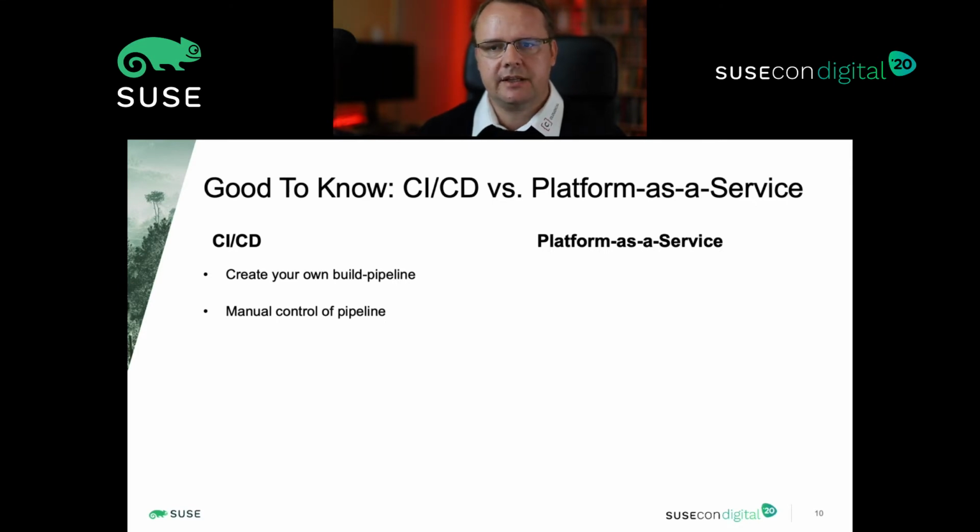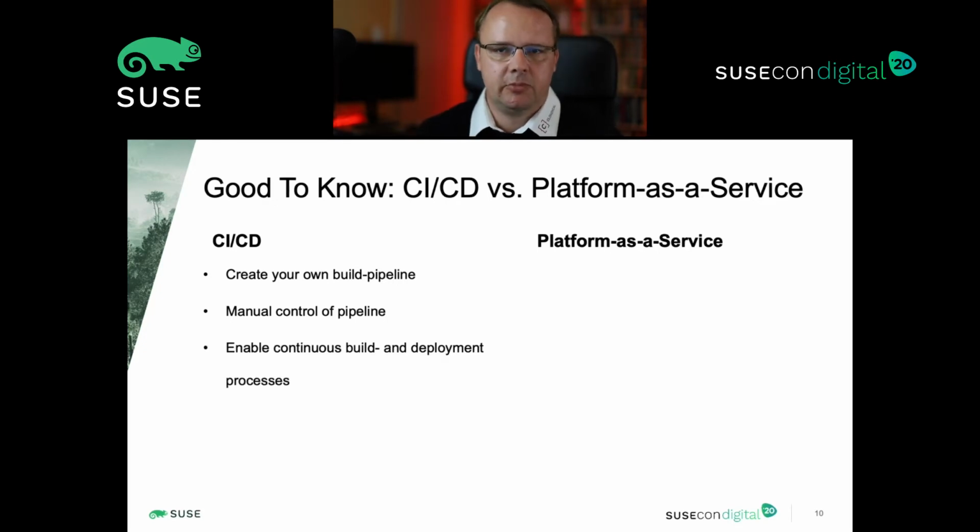So you create it and you manually define all the aspects in there. You are in charge of the build pipeline. So there's a lot of work involved there. Such a build pipeline or multiple build pipelines enable you to have continuously running build and deployment processes. And that is basically the idea of CI/CD.